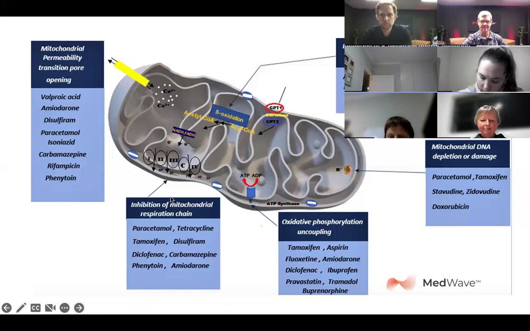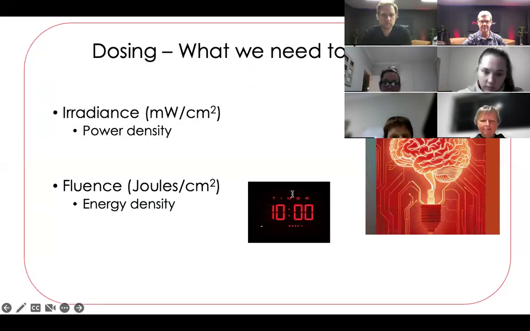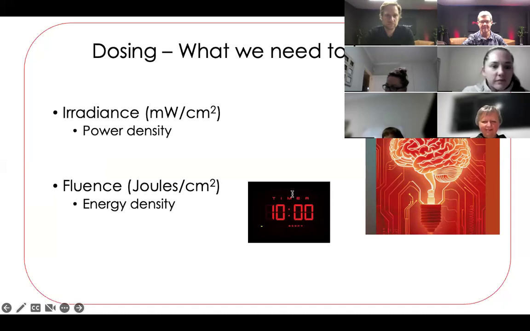Good. So let's talk a little bit about dosing, and this is probably the hardest part of the presentation because they've got to play with these numbers. But in photobiomodulation, there's two numbers that we like to talk about. One is something called irradiance.